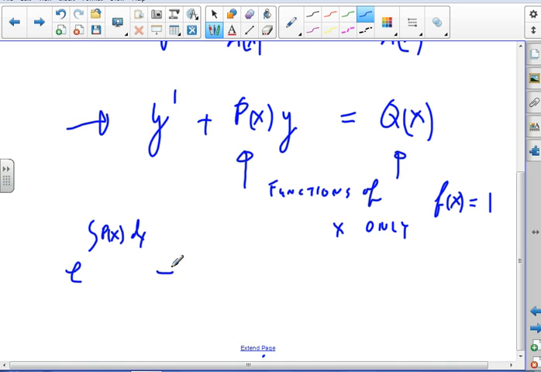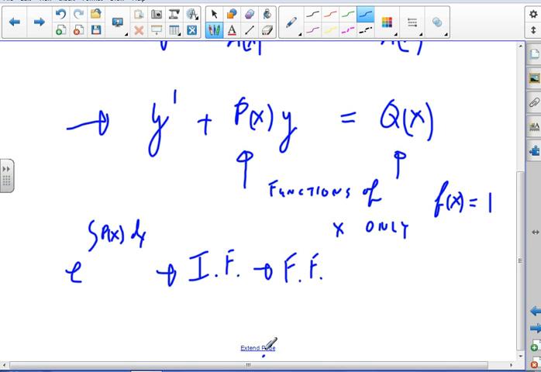We call this our integrating factor. We also call it our fudge factor. If I was going to be formal, I'd call it my integrating factor; if I was going to be less formal, I'd call it the fudge factor.